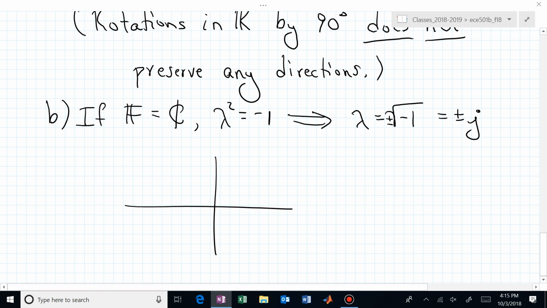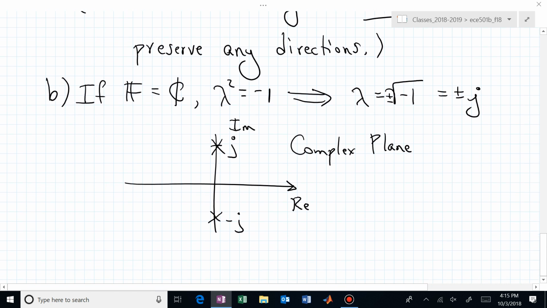Now if we wanted to plot these lambdas in the complex plane, we have one up here at j, and we have another one at minus j. So here is the real, and here is the imaginary axis of this complex plane.